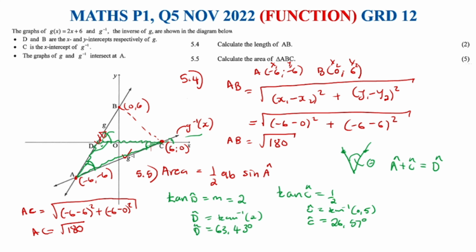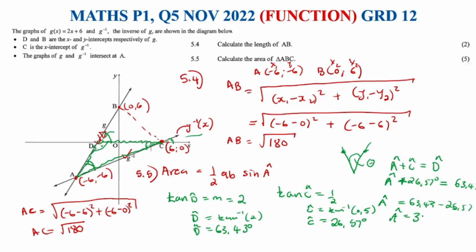We already know C is equal to 26.57, that's a positive there, sorry about that. And D is 63.43. Then you make A the subject of the formula: 63.43 minus 26.57 is equal to how much?